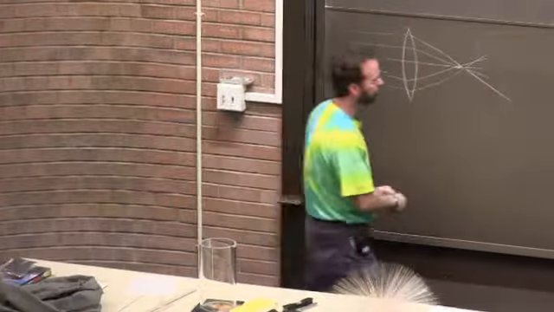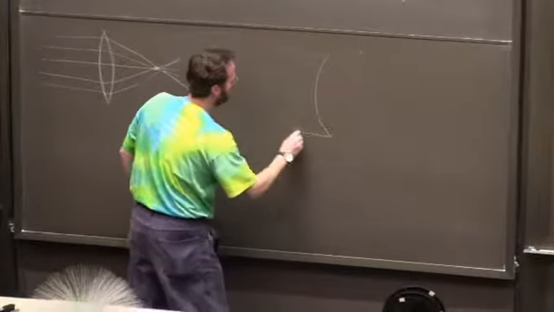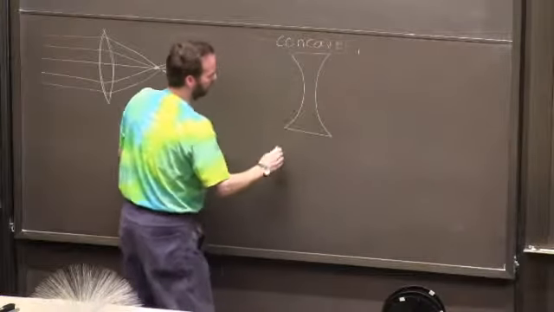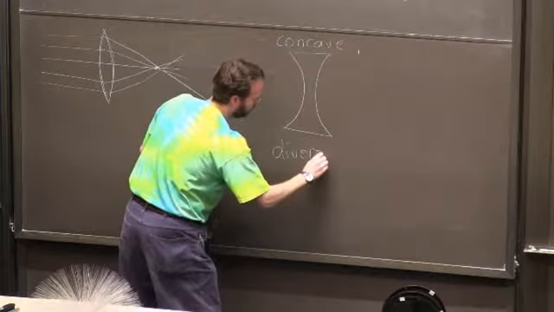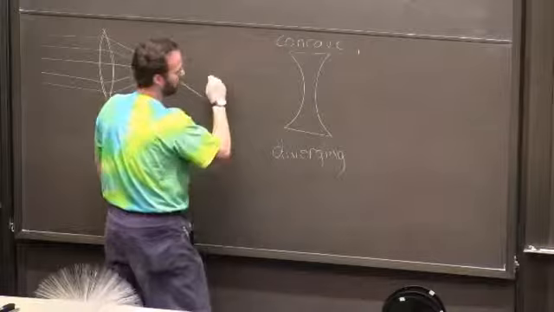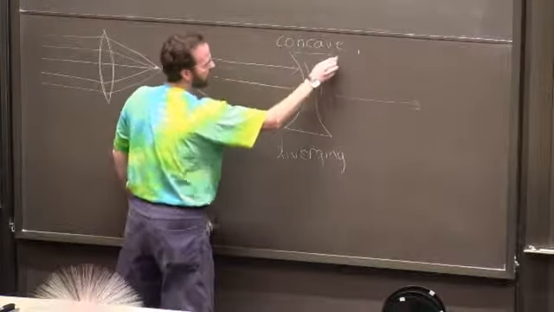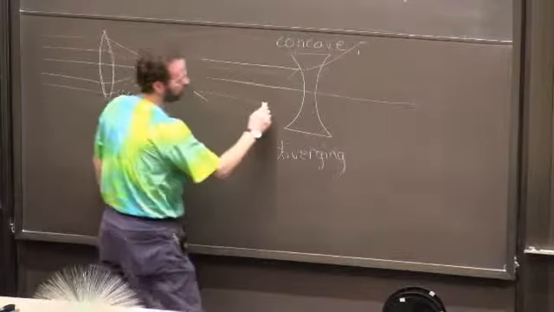Oh yeah, the other lens, concave, diverging. So that one will go straight through, but these, when you play the law of reflection and refraction, end up spreading out.